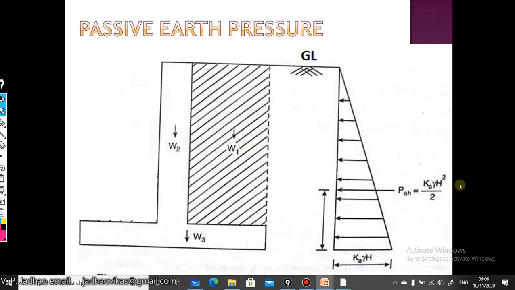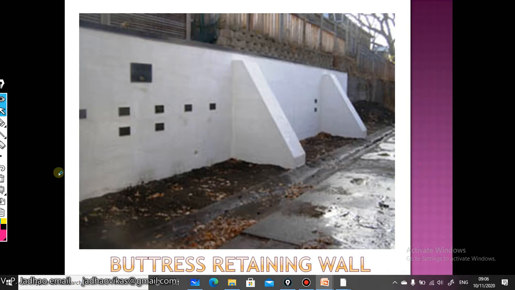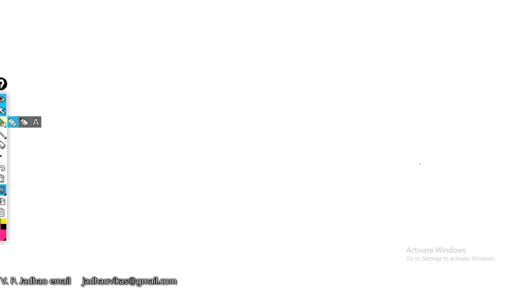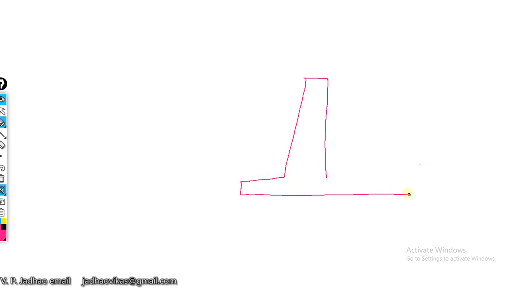These are some pictures. And then we have active earth pressure. Whenever we have a retaining wall, let us consider we have this cantilever retaining wall like this, and it is retaining some earth material. Let us consider it is soil.